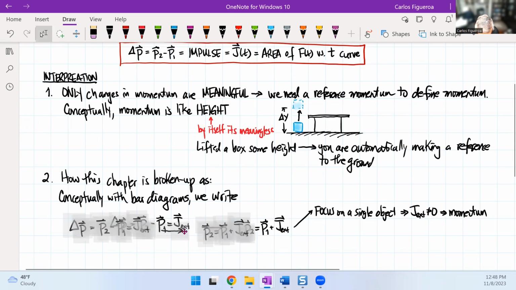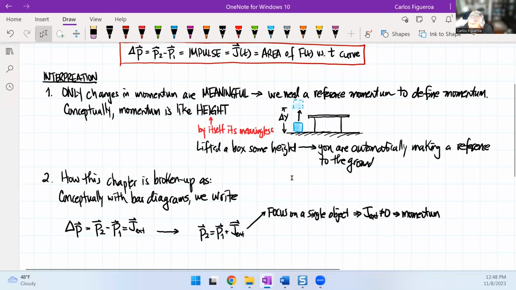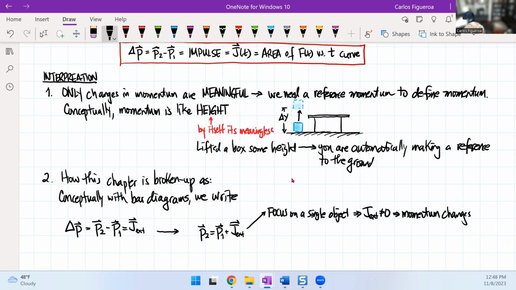Let me move this over here. So here, momentum changes. In other words, P2 is not the same as P1. You can see that if J is not equal to 0, then P1 and P2 must be different. That's if I focus on a single object.